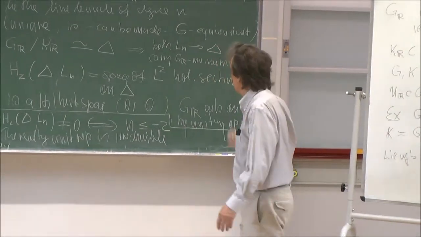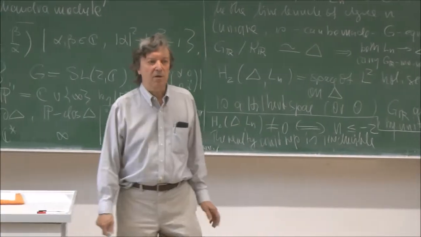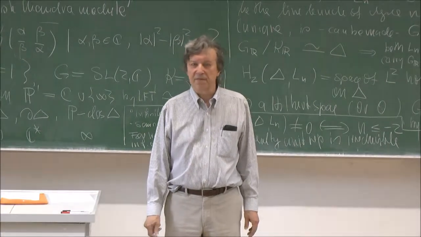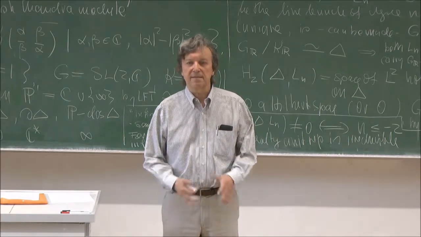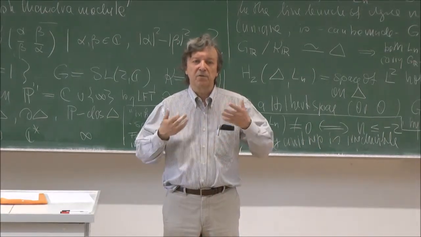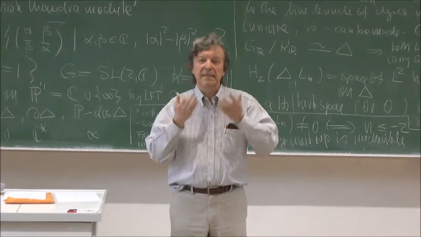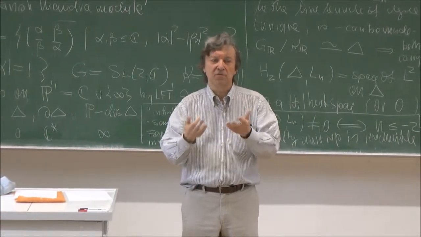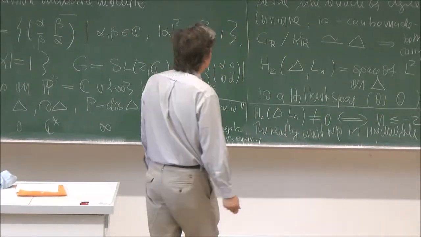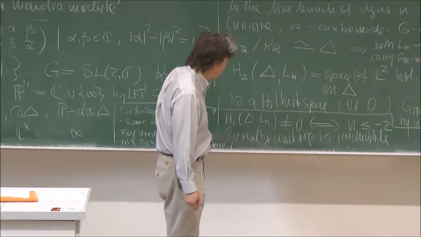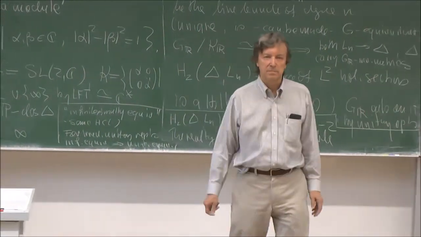So if I look at these together with their duals, they constitute the so-called discrete series of SU(1,1). And the discrete series is the class of irreducible unitary representations that occur inside L2 of G_R.